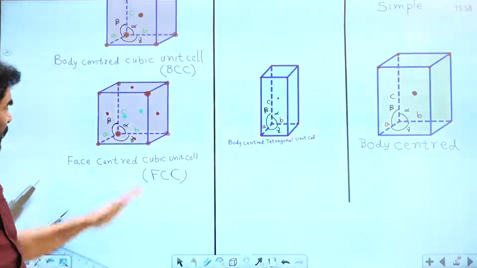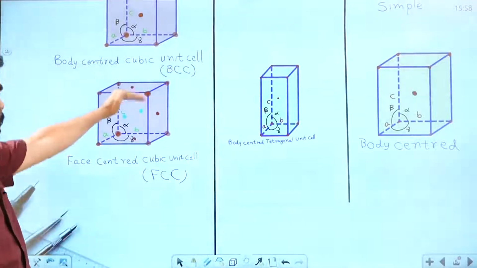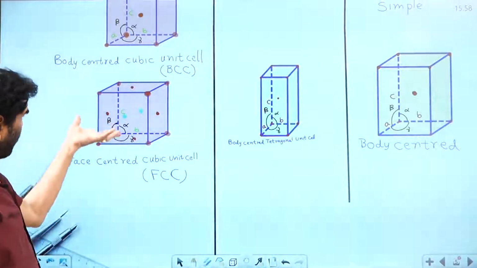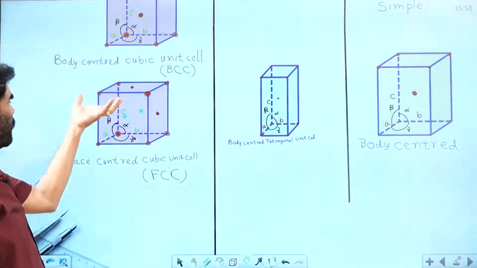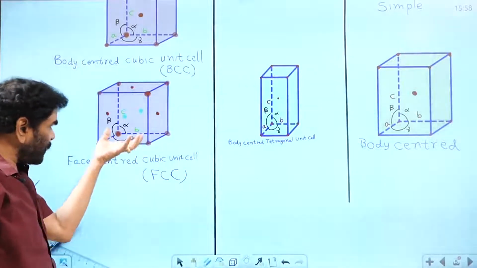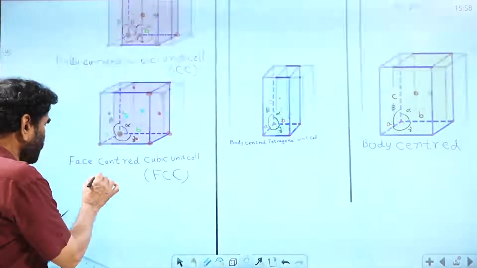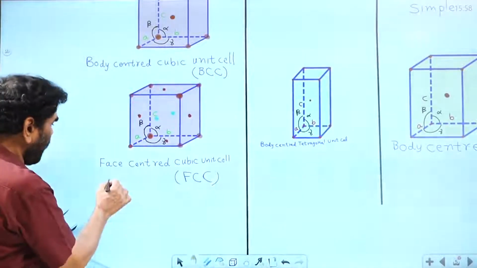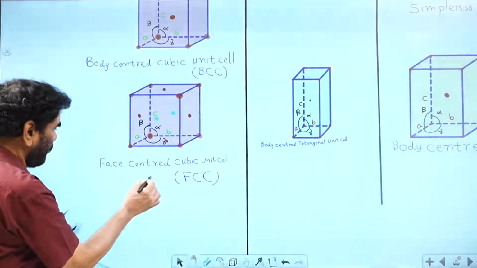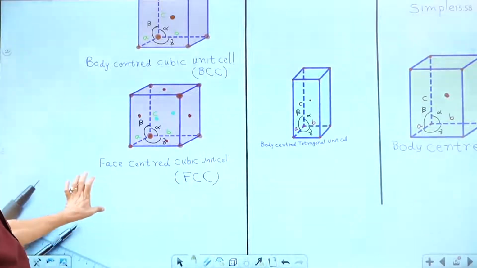With lattice points at the corners and face centers, this type of distribution is called the face centered unit cell, the FCC structure.